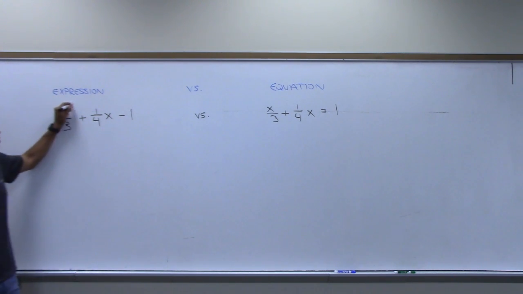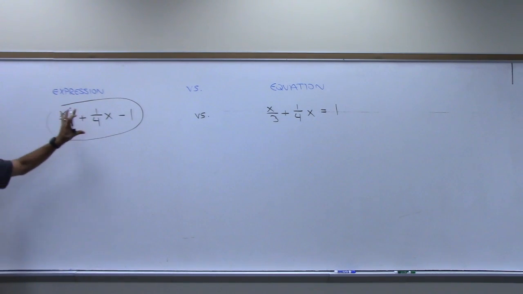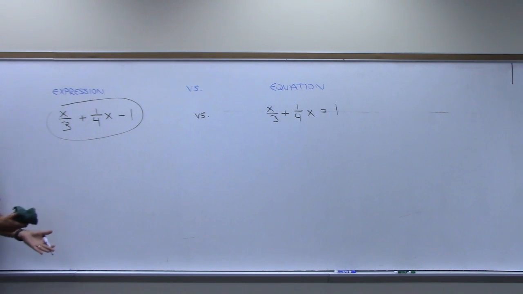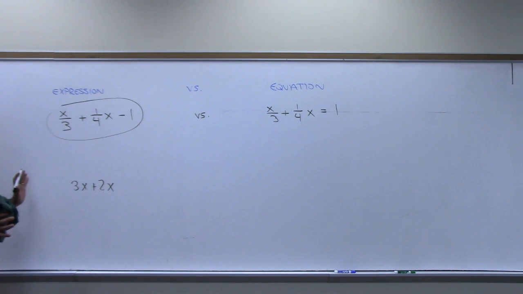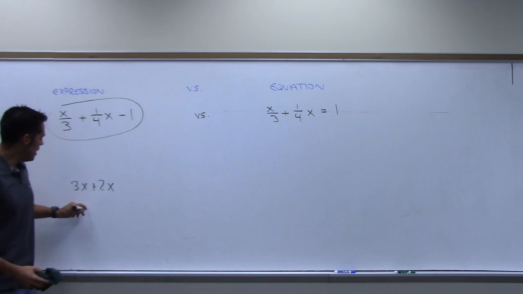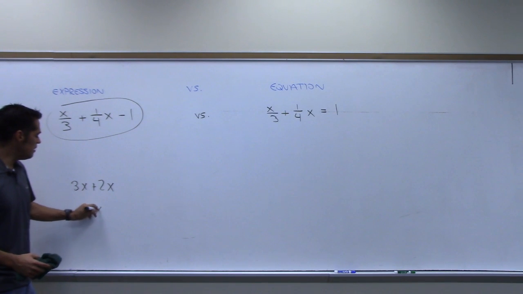Now, with expressions, what we can do is we can simplify them. We can make them look prettier or make them look different. Kind of like if I write 3x plus 2x with no equal sign, that's an expression, right? But what's another way I could write that? 5x. So I could simplify this and say that this is equal to 5x, right?